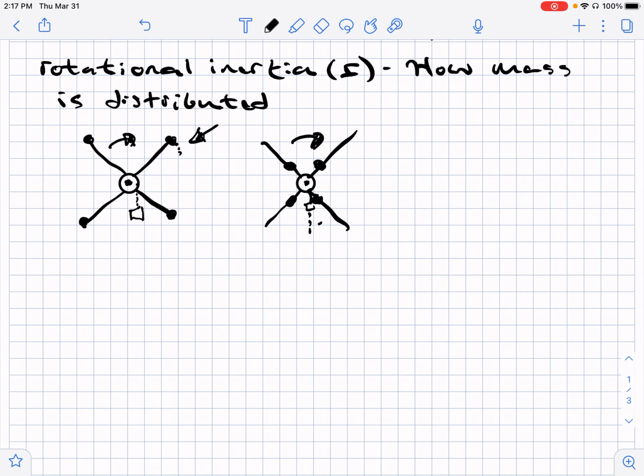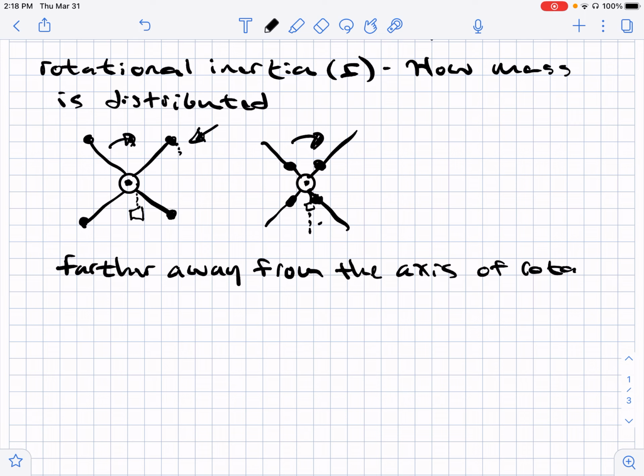So the general rule of thumb is that the farther away from the axis of rotation, the greater the rotational inertia.